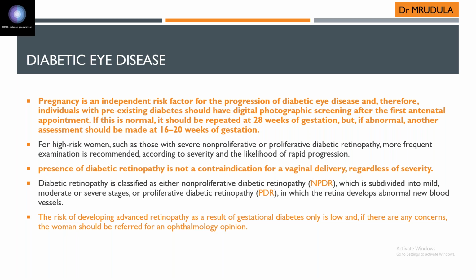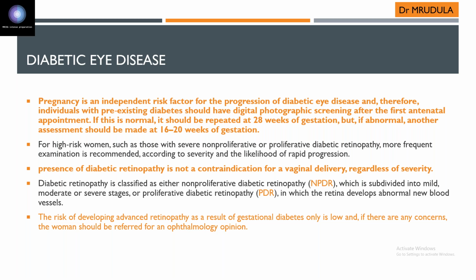Previously it was thought that progressive or proliferative diabetic retinopathy is a contraindication for vaginal delivery. It is not. Even if the patient has proliferative retinopathy, we will be coming to strict sugar control. Even if the diabetic retinopathy is proliferative or severe, vaginal delivery is not contraindicated.